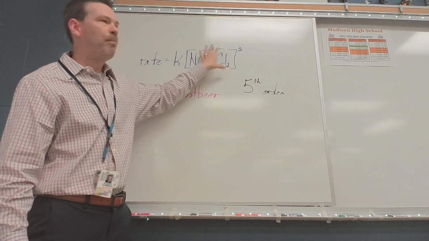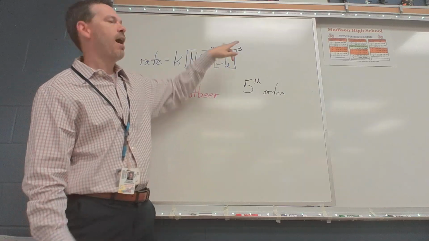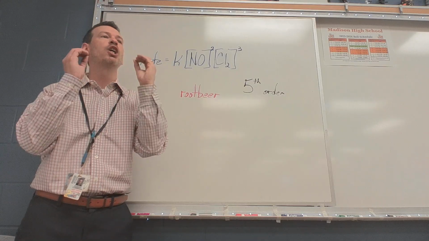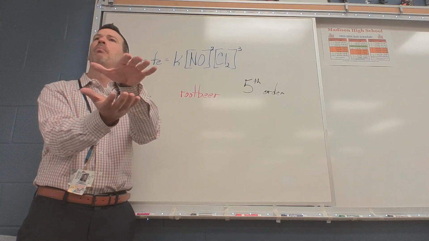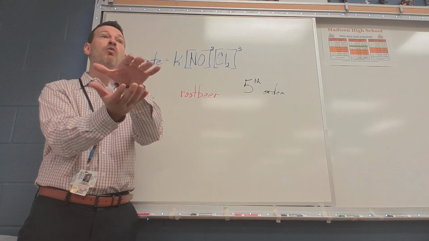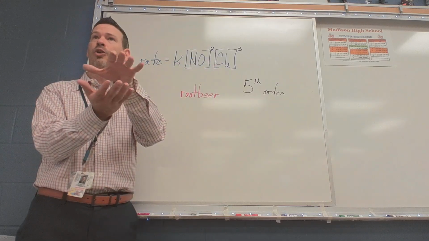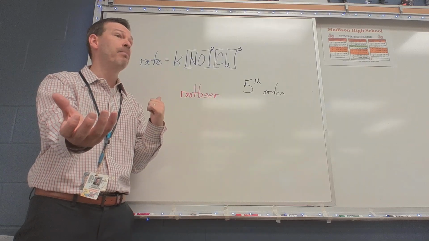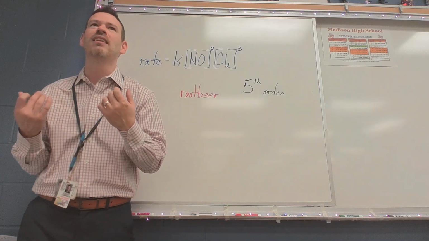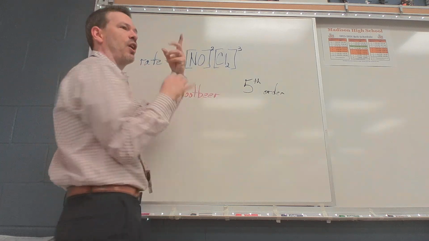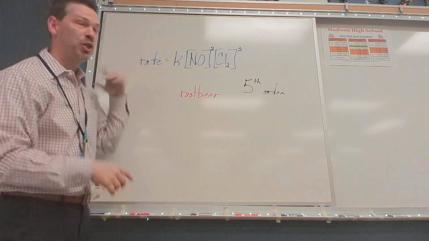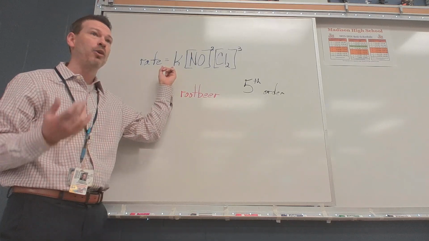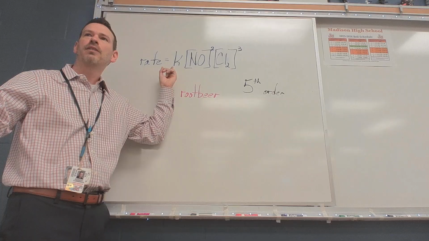If I popped those numbers in there, raised them to the powers of their real orders, and then multiplied it by whatever K is, which is a constant value, it's published in a book already. You could go and look up the rate constant for NO reacting with Cl2, and it will give you a value to use for K. And if you grab that number that scientists have already found for us, and you plug it in there and multiply those other numbers times each other, it'll tell you the speed of that reaction, which is super useful and awesome because we've got a K value for pretty much every reaction there is.